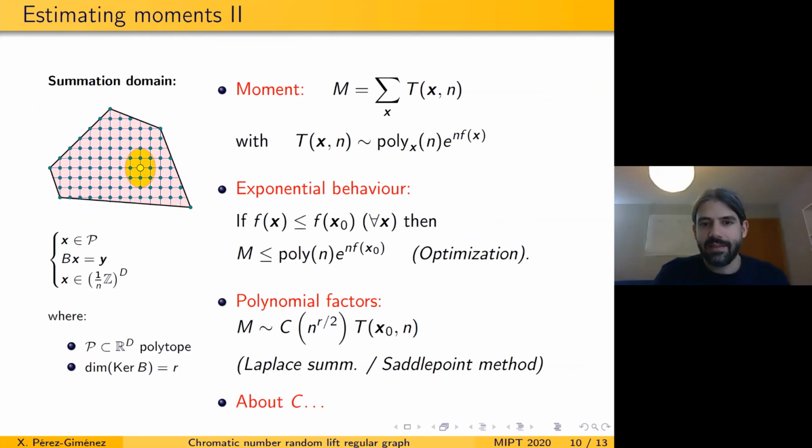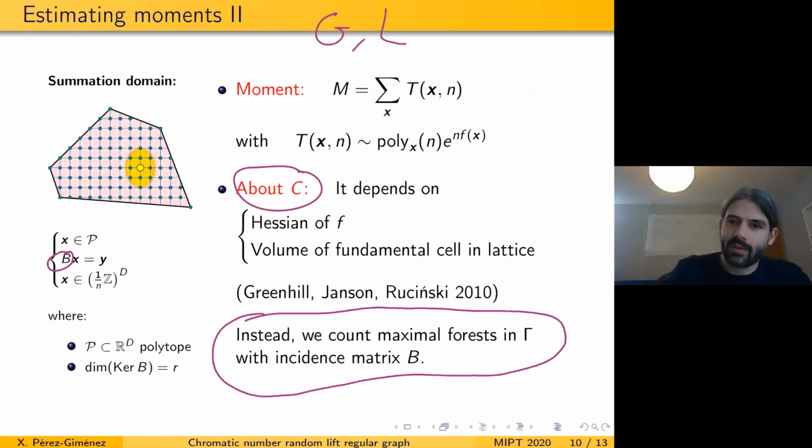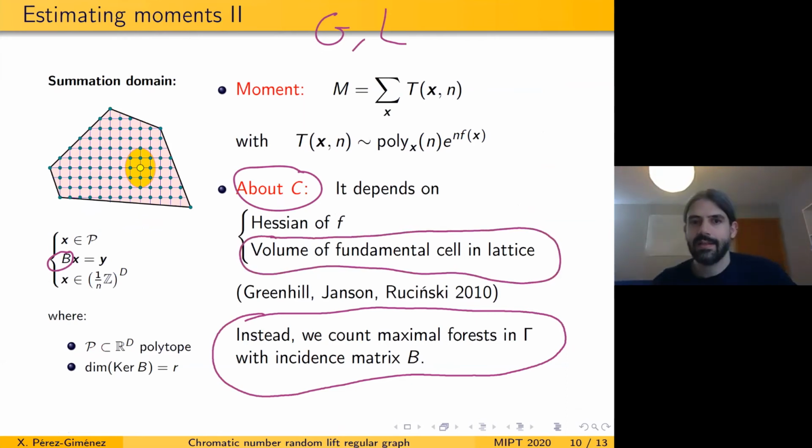And it turns out that counting spanning trees in this graph, or spanning forests, because it's not connected. The number of spanning forests in these graphs turns out to be essentially strongly related to the volume of the fundamental cell in this lattice.